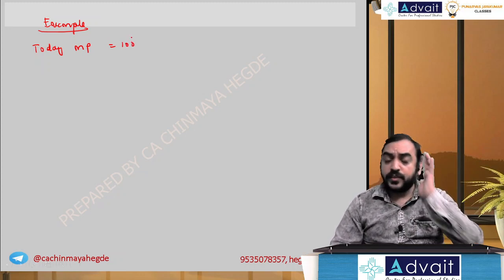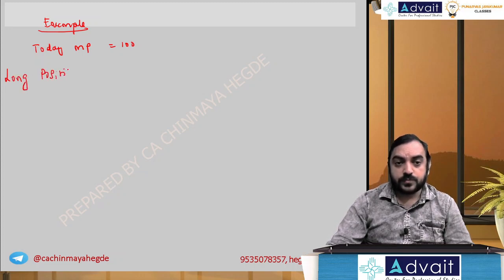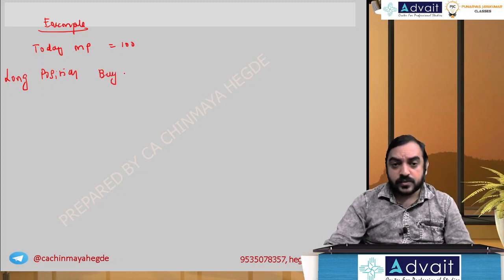Today market price is 100 rupees. You take a long position. What is a long position? You will buy at 100 rupees. Long position means buy now. Buy at rupees 100.